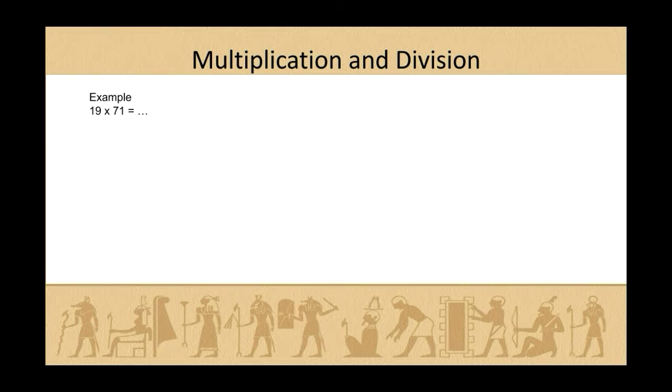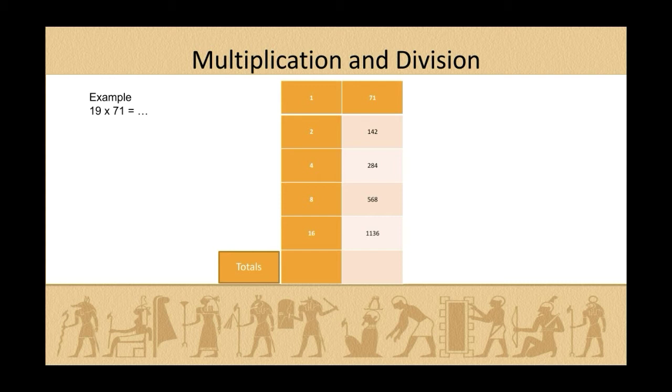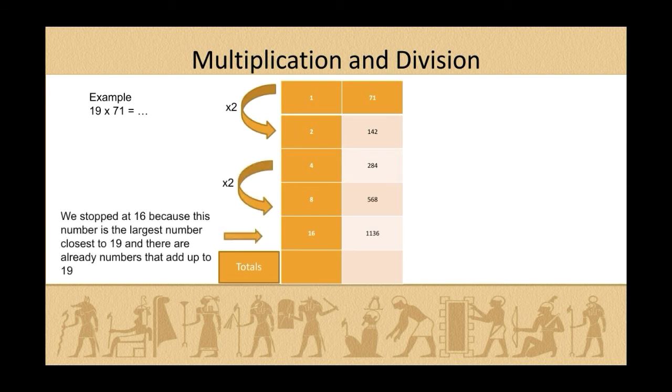Okay, for the example, 19 times 71, we can write like this. These numbers are the result of multiplying 2 from the previous number. And we stop at 16 because this number is the largest number close to 19 and there are already numbers that add up to 19.